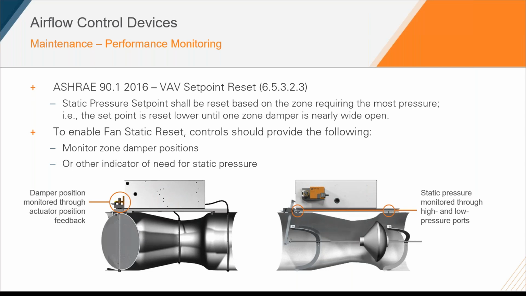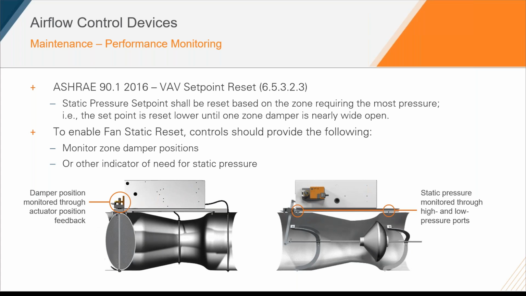So essentially, we should have provisions to be able to reset the set point until one of our zone dampers is very nearly or wide open. As long as we're controlling the fan and reducing the fan set point based off the critical path valve, we can now start to save some energy by having that fan operate at a lower set point.